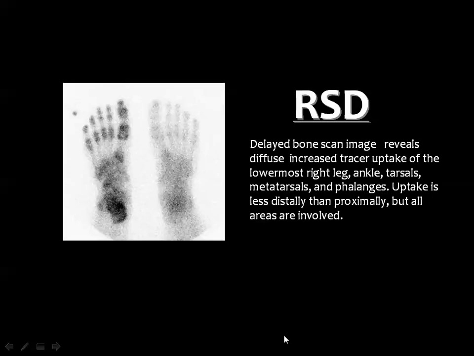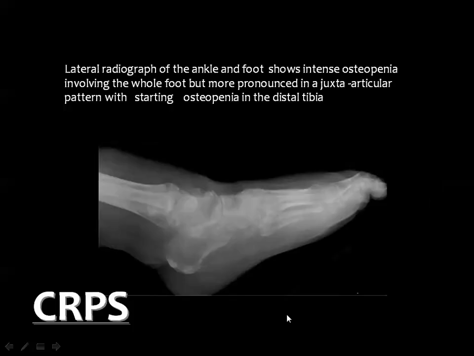Then this is once more the appearance of reflex sympathetic dystrophy in the foot with a significant increased uptake around all the joints, the metacarpophalangeal, interphalangeal, intercarpal, and so on.